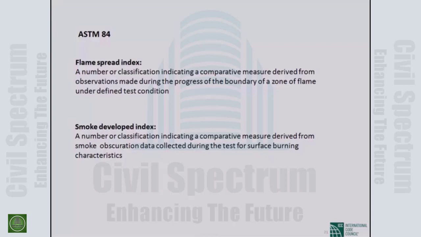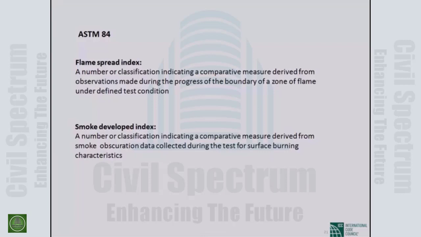It comes from observation made during the progress of the burning of a zone of flame under definite test conditions. Actually, in a furnace or in a tube, a certain length of the element is introduced, and it is subject to a definite temperature. And the flame will propagate.